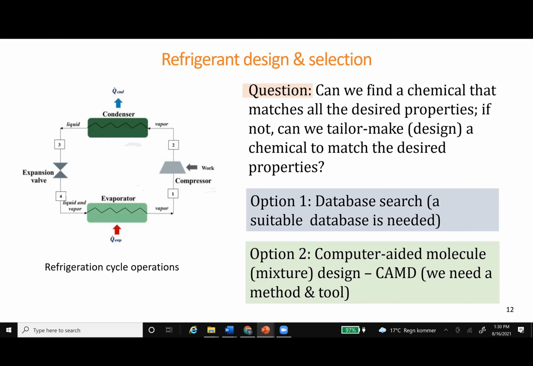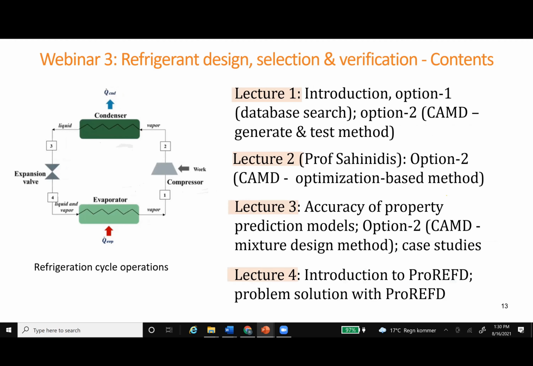So just to give an overview of the contents of this webinar, lecture 1, I'm giving this introduction, and I will also introduce the CMD, computer-aided molecular design, how to do that, but I will highlight the generate and test method. That means we generate molecules and we test whether they're okay or not.